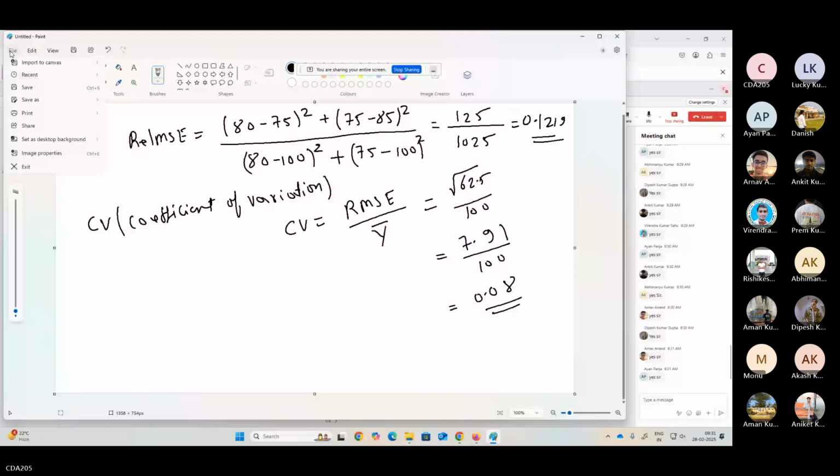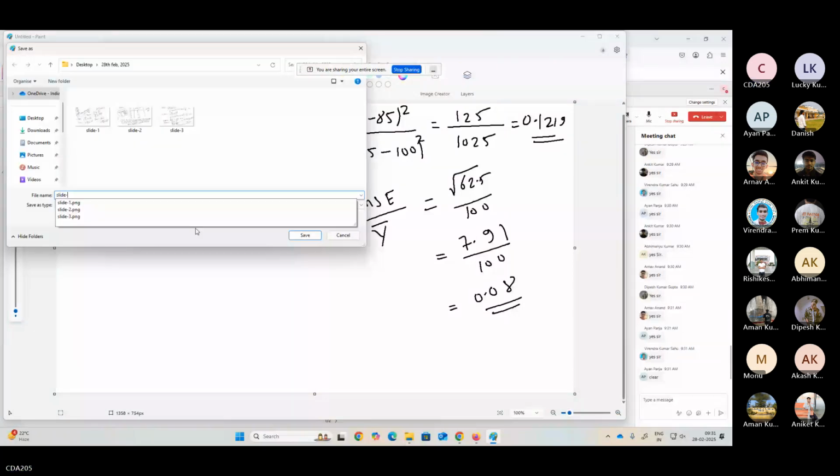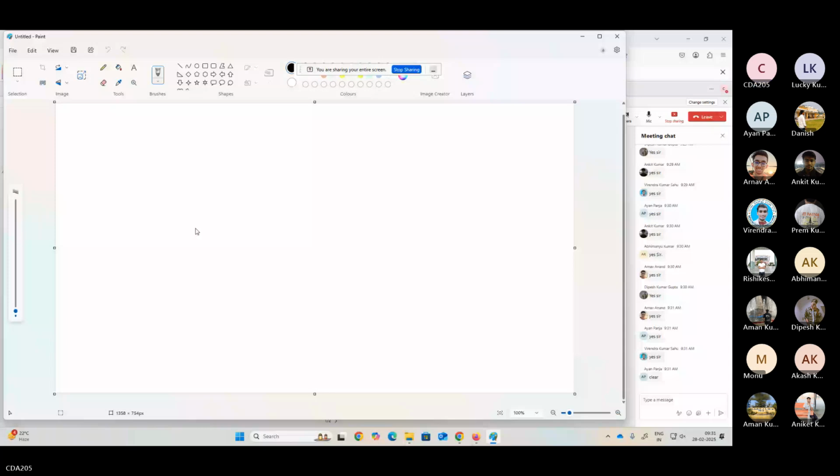That is one more measure of regression, the standard error estimation. This is also one of the useful measures of regression.